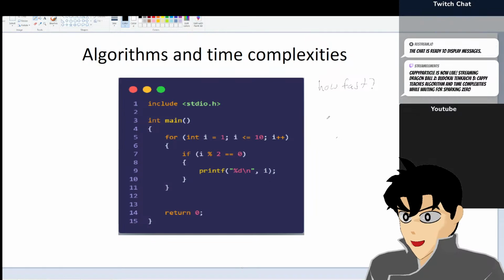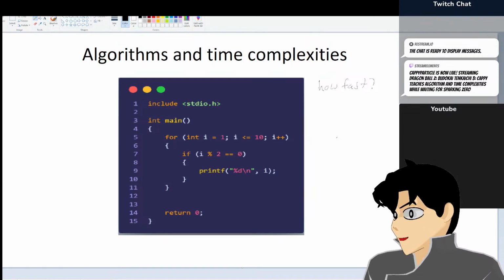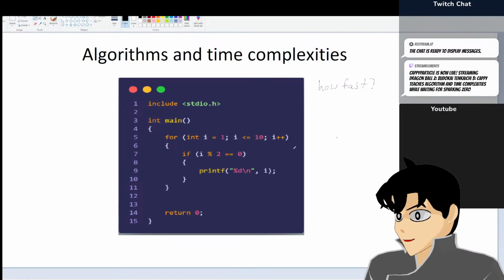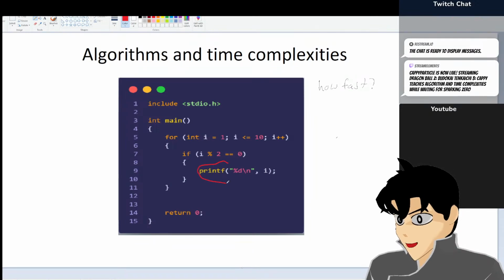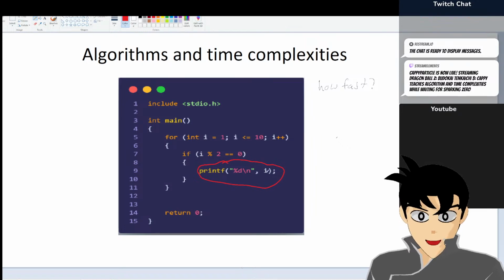We start off with something simple, like this. Let me change it to a better color, like red. So this is a simple program, right?